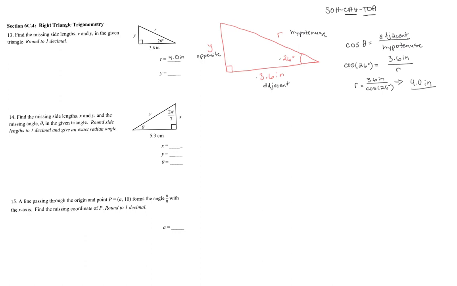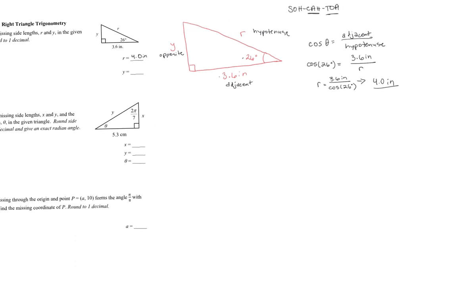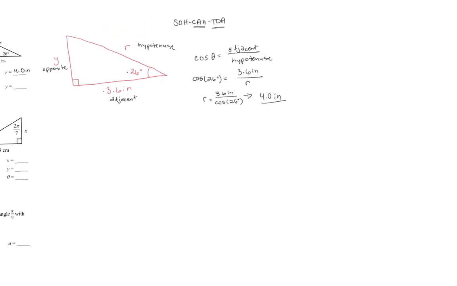Alrighty, so given all of that, let's find our other side. I'm going to move this over. We said TOA, so tangent theta is our opposite over our adjacent. So tan of our 26 degrees is our opposite side, Y, over adjacent side 3.6 inches.